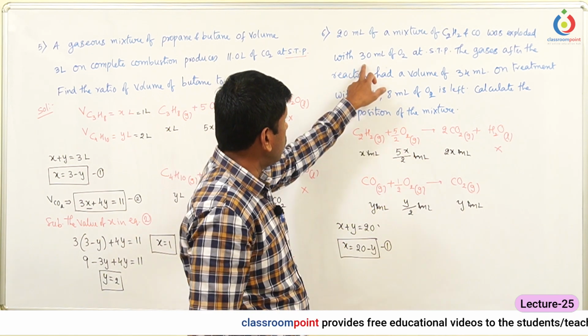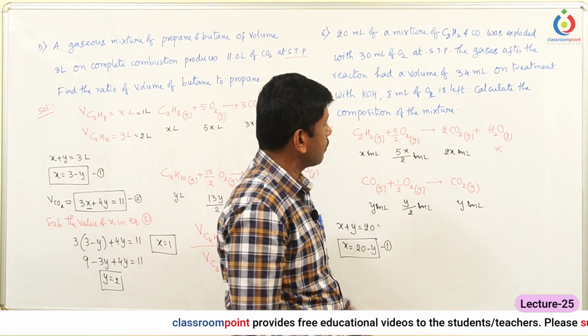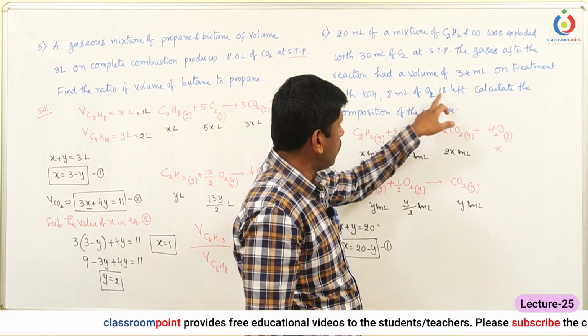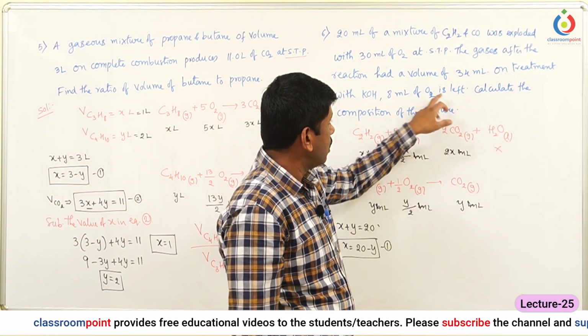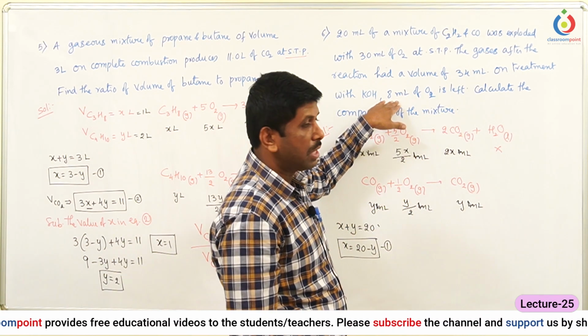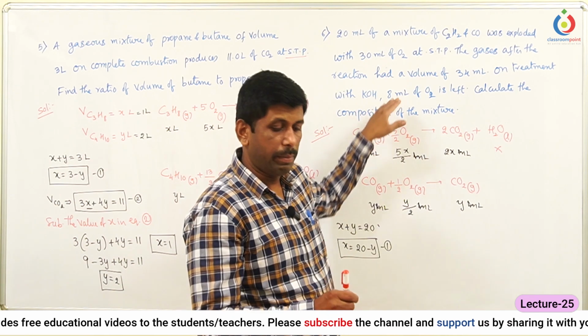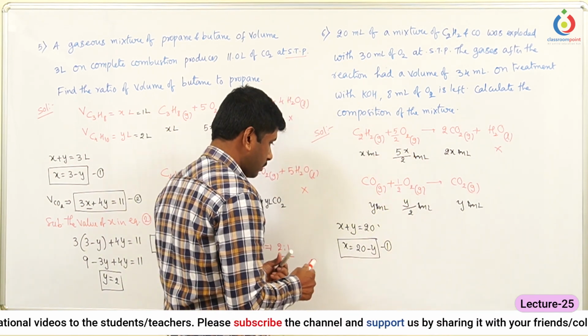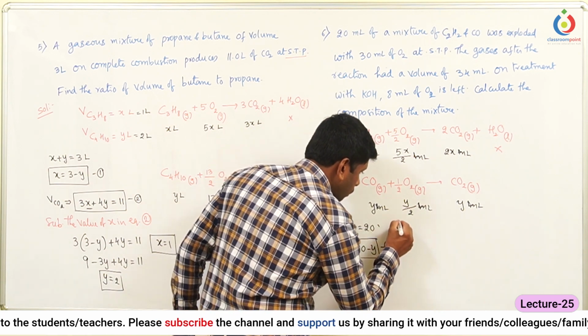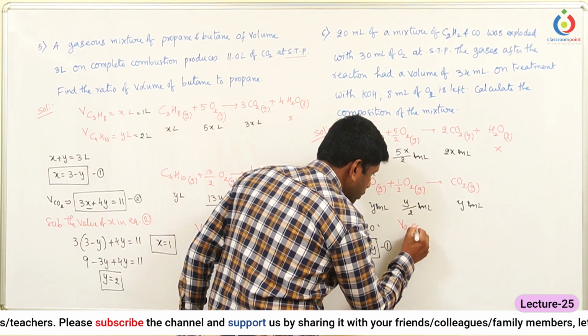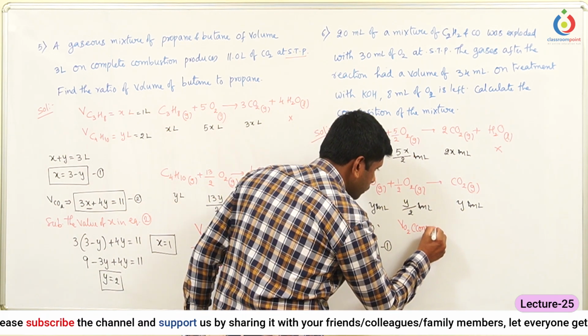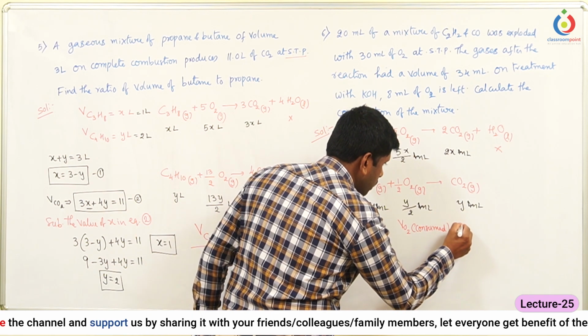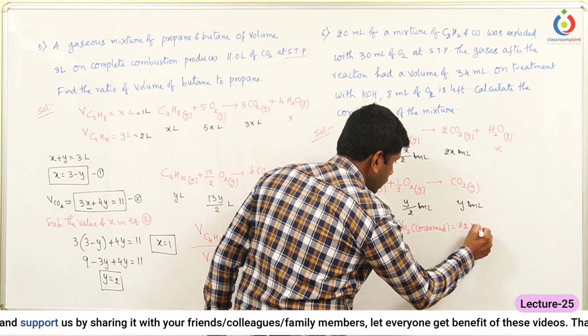Here 30 ml of oxygen was used. Finally 8 ml of oxygen is still present. So the volume of oxygen consumed is just 22 ml. So the volume of O2 consumed is equal to 22 ml.